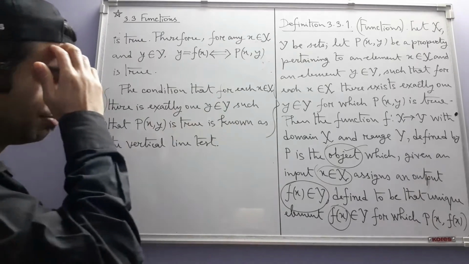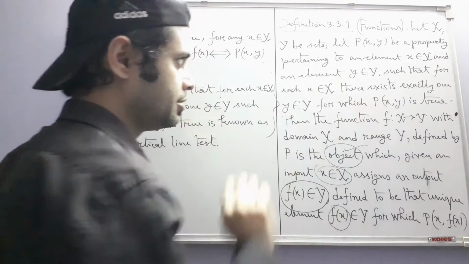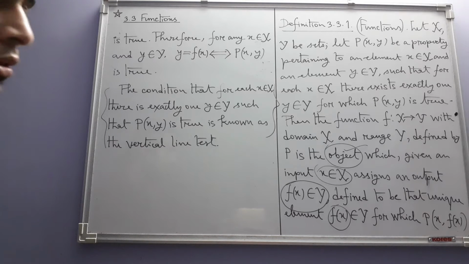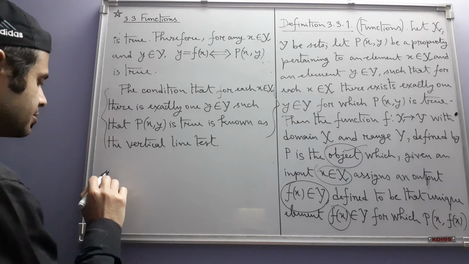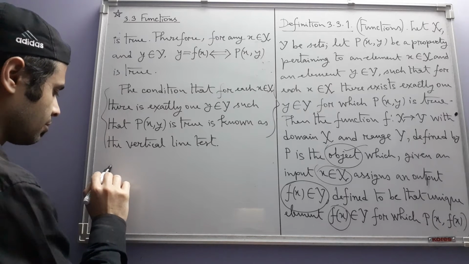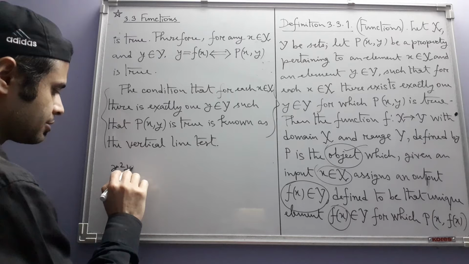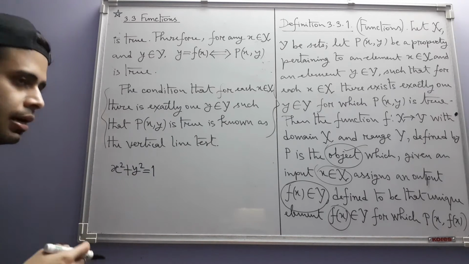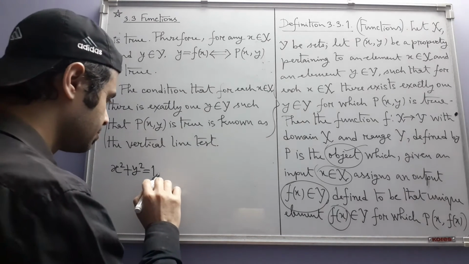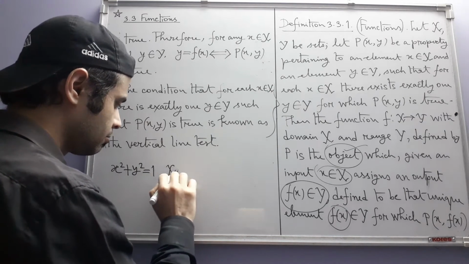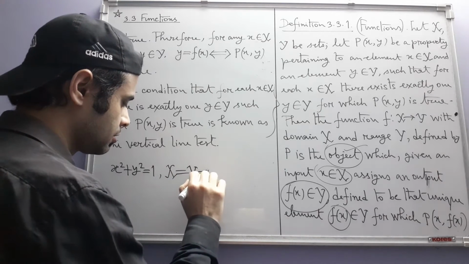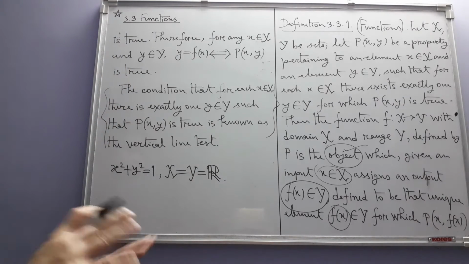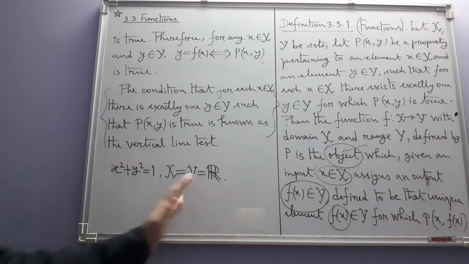You see, the way we are saying P is a property. P may be any statement that involves x and y. So P may be something like this: x squared plus y squared is equal to 1, where x and y are real numbers, that is, our sets capital X and Y are both the set of real numbers, which we haven't seen yet, but we know what real numbers are.